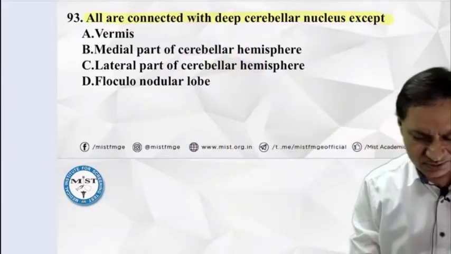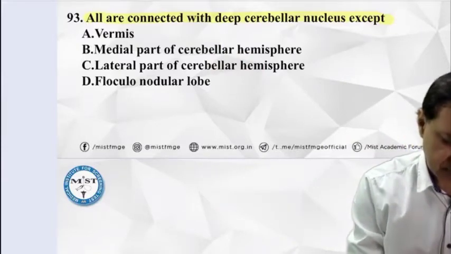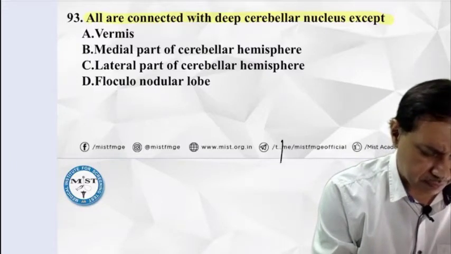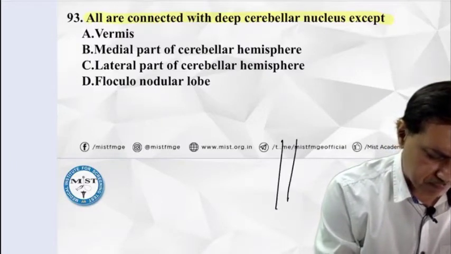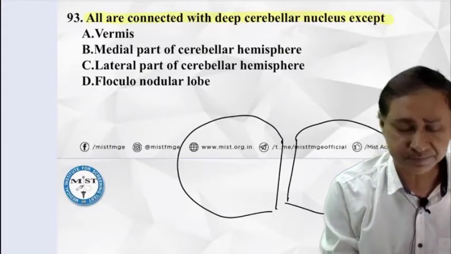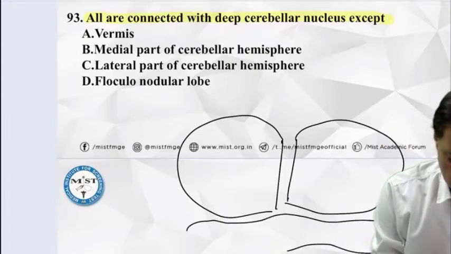If you see it carefully, this is the cerebellum. This is the vermis, and these are the two large cerebellar hemispheres, and this is the flocculonodular lobe.